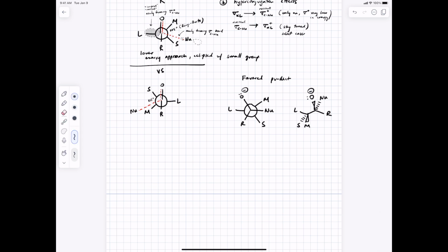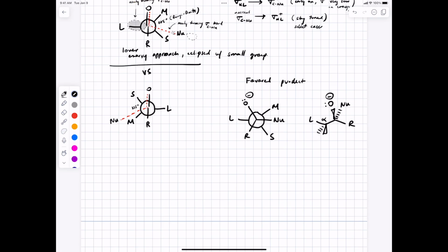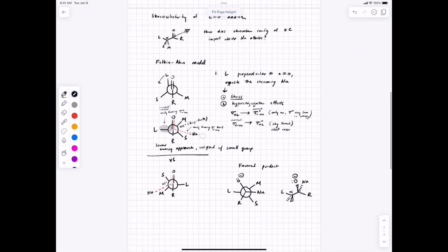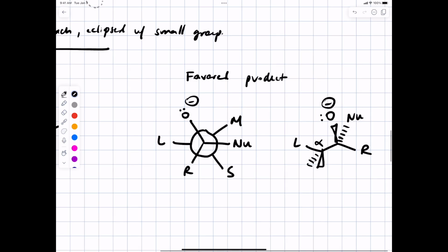Another thing that may be troubling you is I have not bothered to draw that alpha carbon stereocenter in exactly the same way that it's drawn in the Newman projection. If I keep the stereochemical configuration from here the same, where small is coming out and medium is going back in, that's the correct configuration.